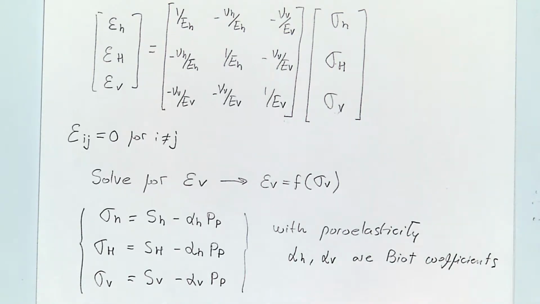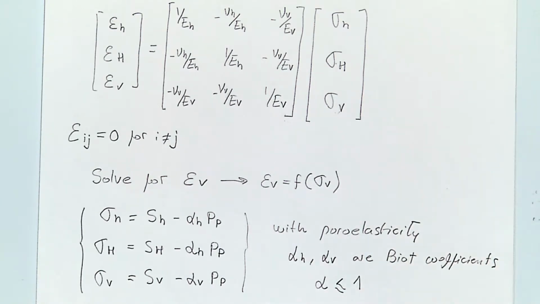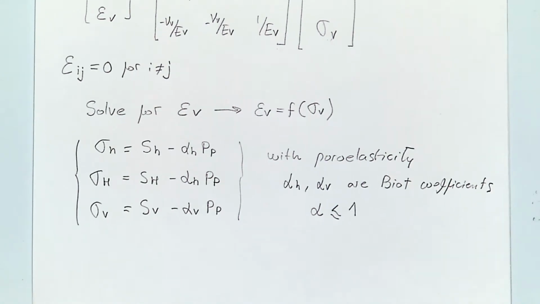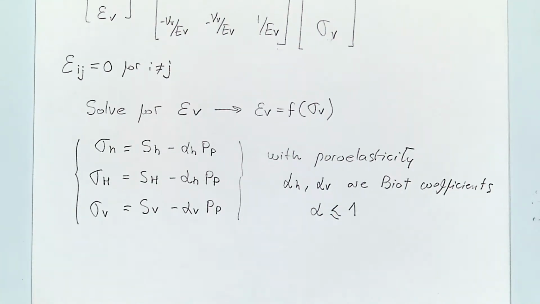The Biot coefficient, alpha, is equal to 1 when the rock is soft and all the deformation you put goes into changing porosity. When you deform the rock, there is a fraction of that deformation that also goes into deforming the grains themselves, and the Biot coefficient goes to a value less than 1.